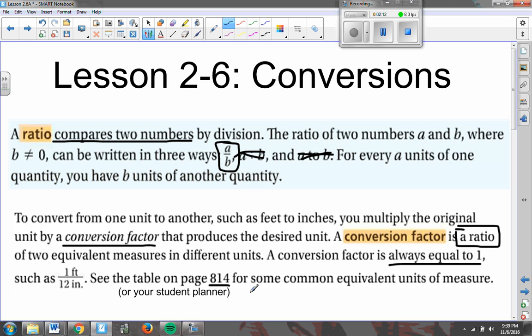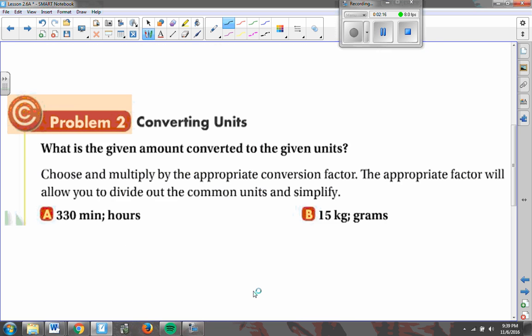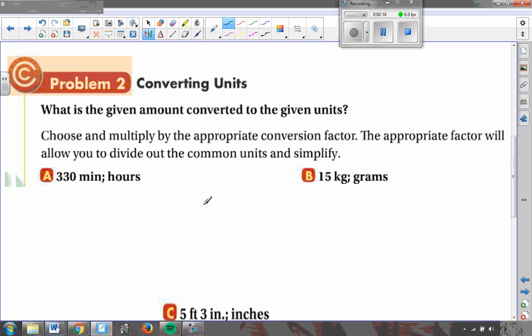Now, your practice problems are going to look something like this, where you are given a certain amount of something, and you're asked to convert it to a different unit. So in letter A, we're given 330 minutes. We're asked to convert that into hours. In order to convert this using a conversion factor, here's what I'm going to do.